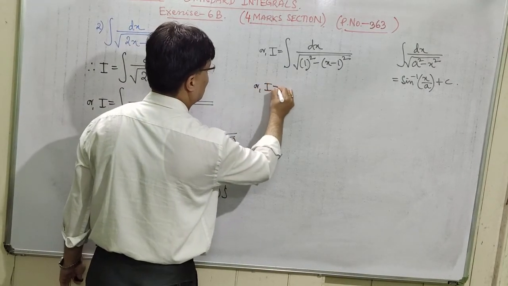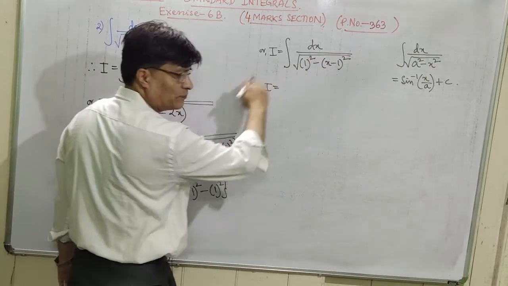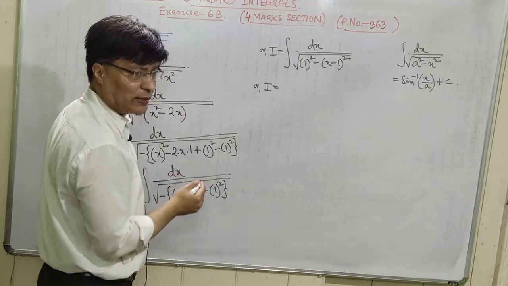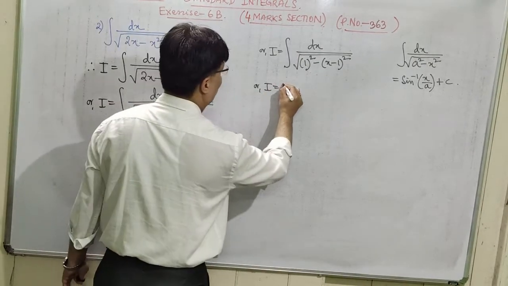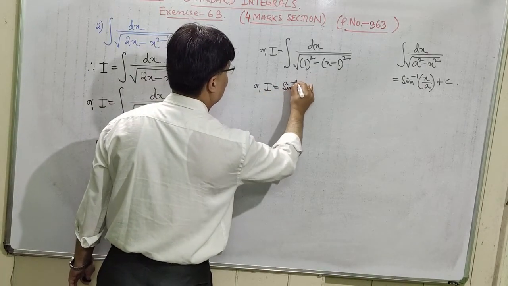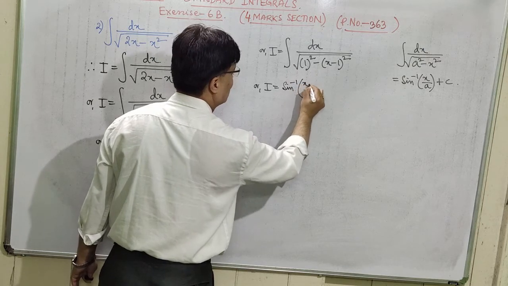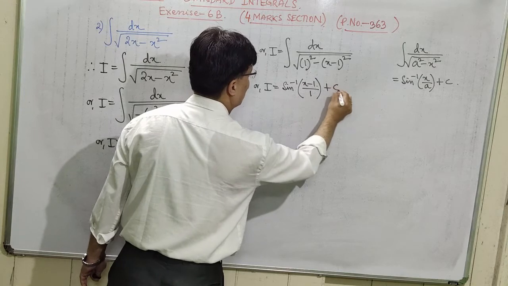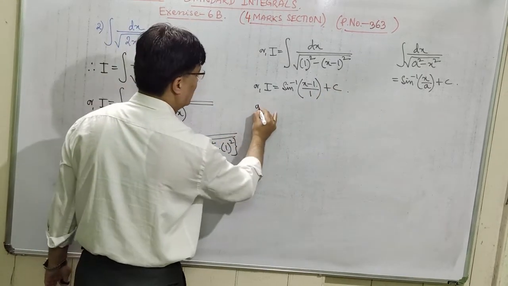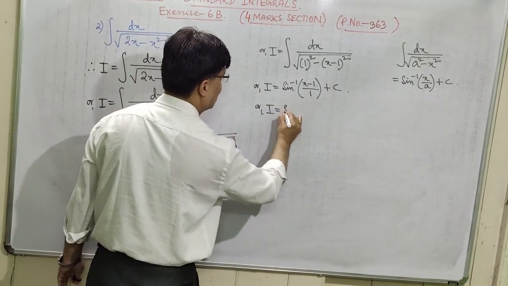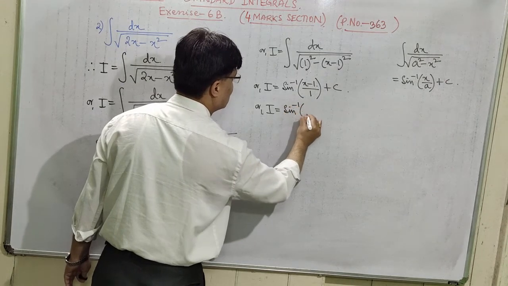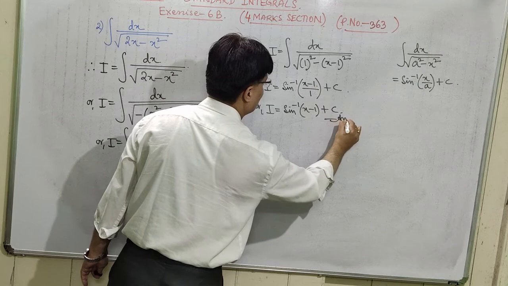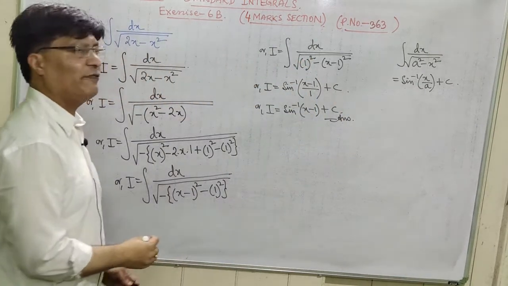Compare these two integrals. Here the value for a is 1, here the value for x is x minus 1. So let us use the formula. It is sine inverse, what is x? x minus 1 divided by what is a? It is 1, bracket close, plus c. So I is equal to sine inverse x minus 1 plus c. So this is the final answer.